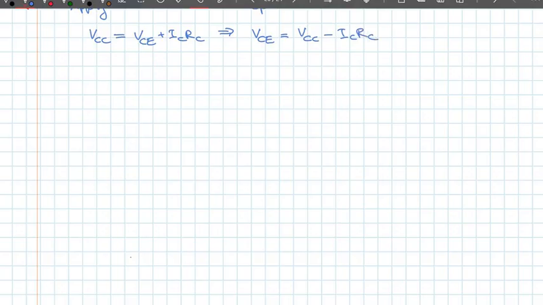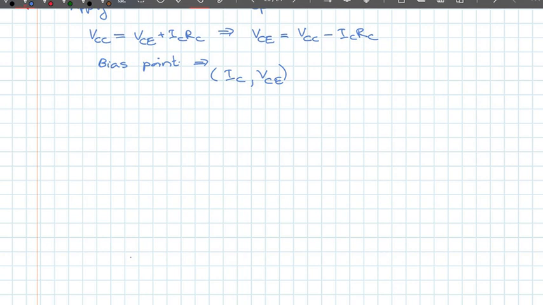Right. So this is my bias point. So the bias point or the Q point is IC and VCE. Okay, so both we have expressions for.